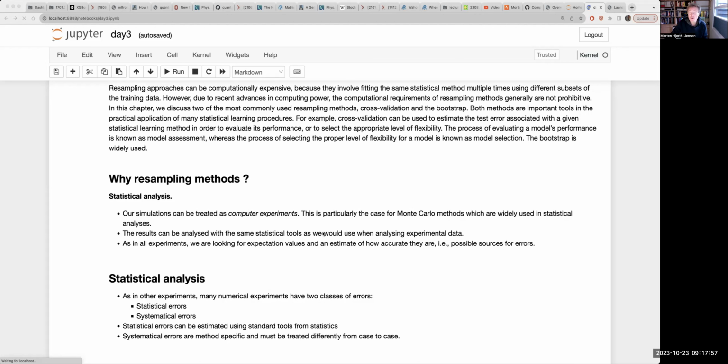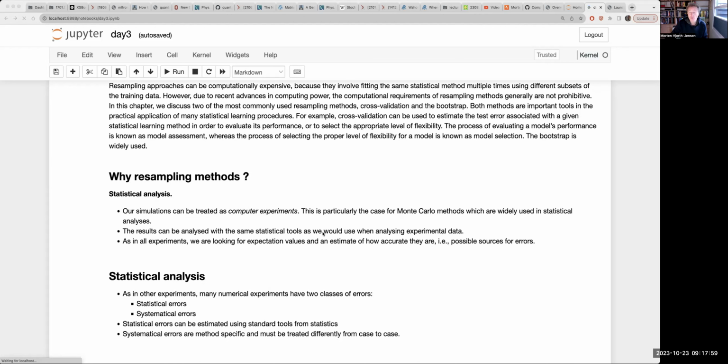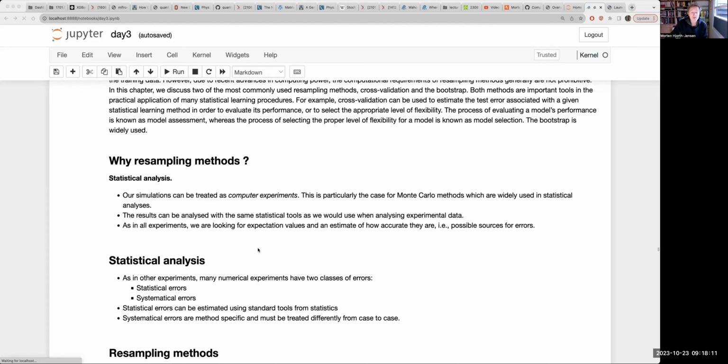So the same tools are normally used both in numerical experiments when we just have some vanilla test set, which we are going to discuss a little bit later, and, as in all experiments, when we are looking at expectation values and want to estimate how accurate they are.